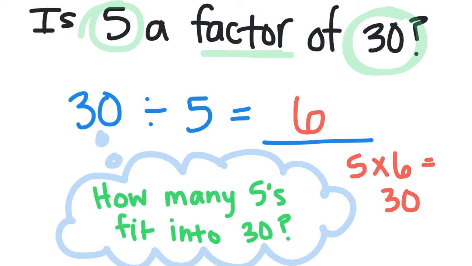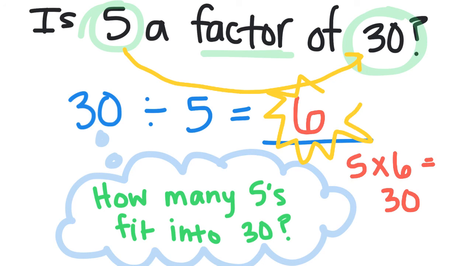And I know that factors are when you can multiply two numbers together to get a product. So 5 has to be a factor of 30. 5 can fit into 30 exactly 6 times. So is 5 a factor of 30? The answer to this question is yes.